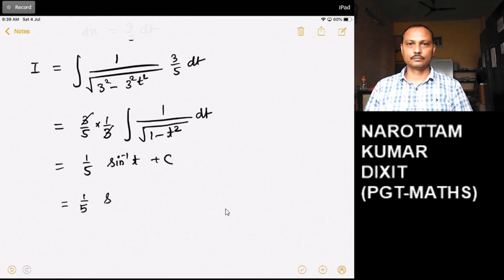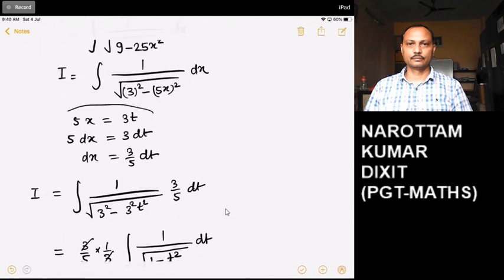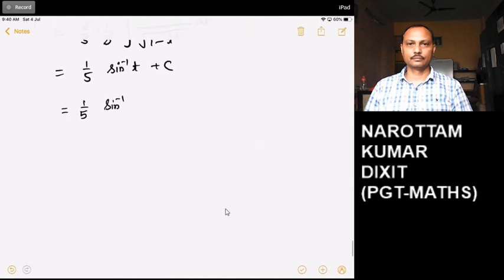You can check from the substitution, the value of t is 5x upon 3. So in place of t we can write 5x upon 3, plus c. This is the answer.